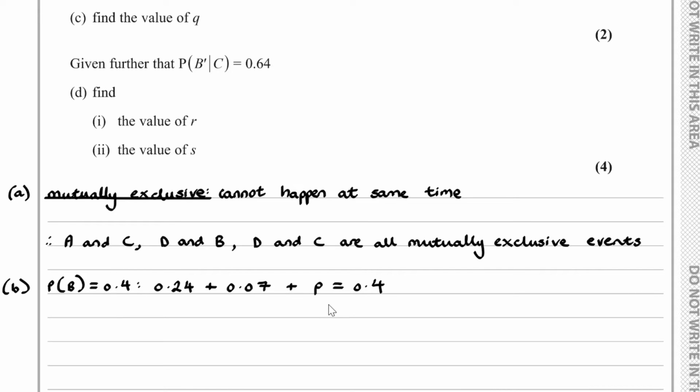Okay, and therefore 0.24 plus 0.07, that's 0.31, so we have 0.31 plus P equals 0.4, and therefore the value of P is equal to 0.09.